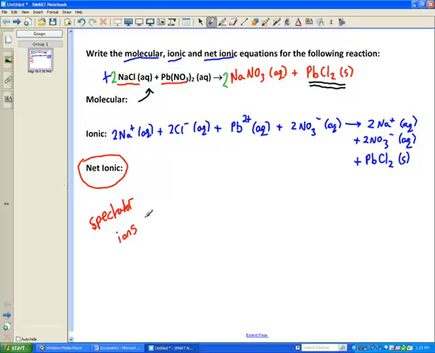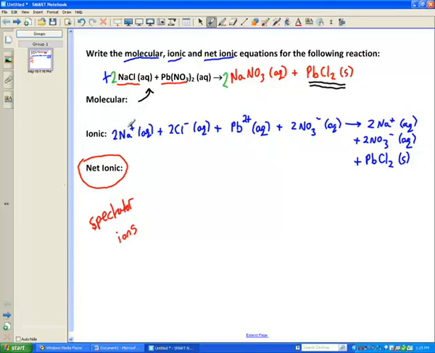And that's exactly what we're looking for, except these are ions that are spectating. So what we're looking for is the ions that are present on both sides of the equation, because really all they are is just onlookers watching what's actually happening, because the actual reaction doesn't involve them.